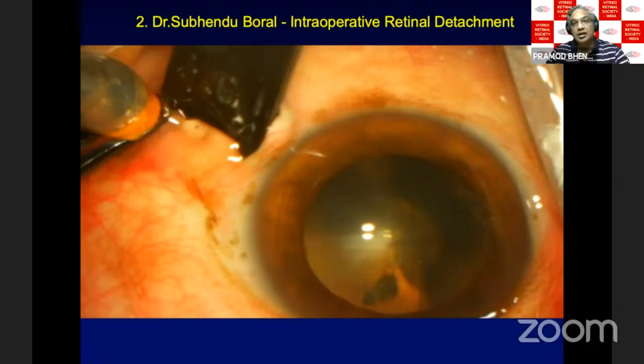Here, obviously, Dr. Subhendu has shown that the entry itself was a little bit posterior, but even having entry at 3.5 millimeter, you can land up having 4.5 millimeter, partly in the choroid, partly in the retina, and then fluid seeping in the suprachoroidal space as well as the subretinal space.